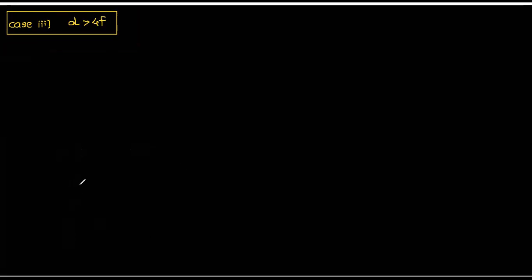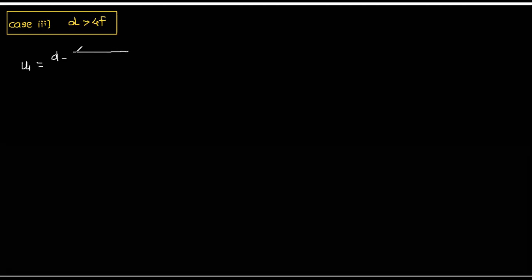The first position of the object, u1, is d minus under root of d into (d minus 4f), divided by 2.